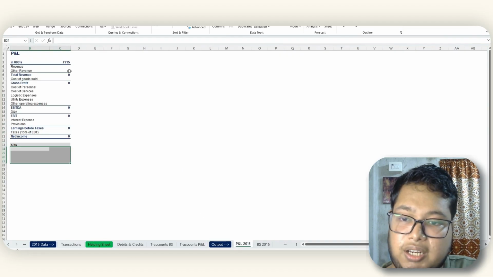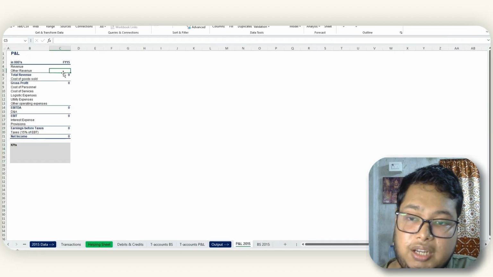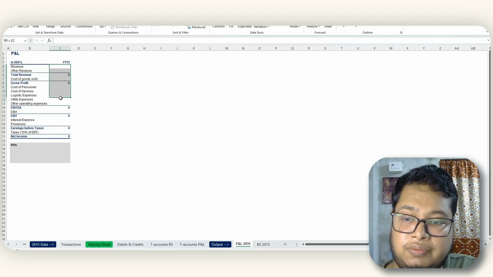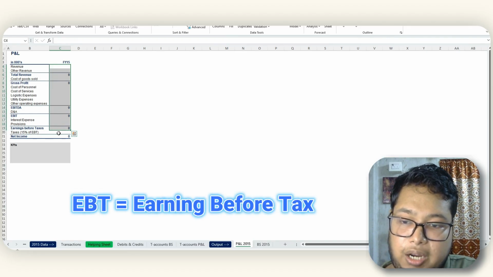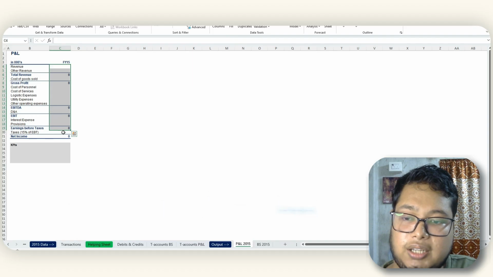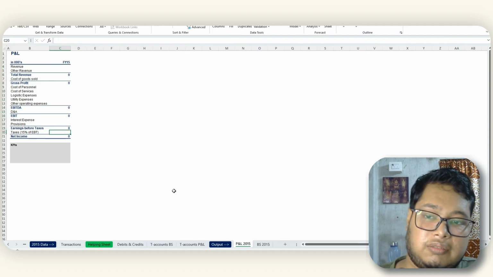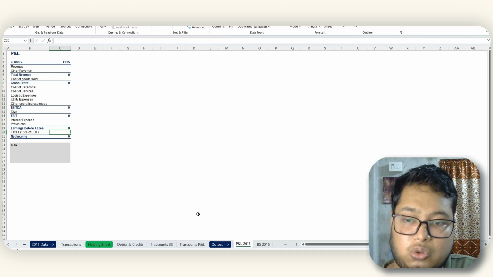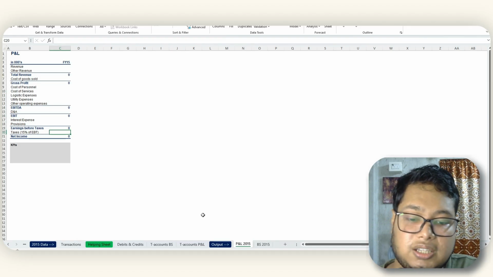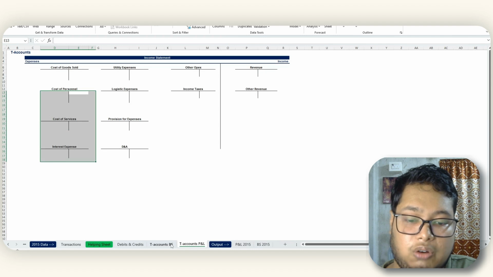This PNL I have to prepare first, and after doing every calculation, when I come to the earnings before tax part, then I can calculate that 15% tax, how much amount has to be registered in the tax, right? So right now I cannot record it, and it's a long process because I first have to prepare the T accounts and those things, right?